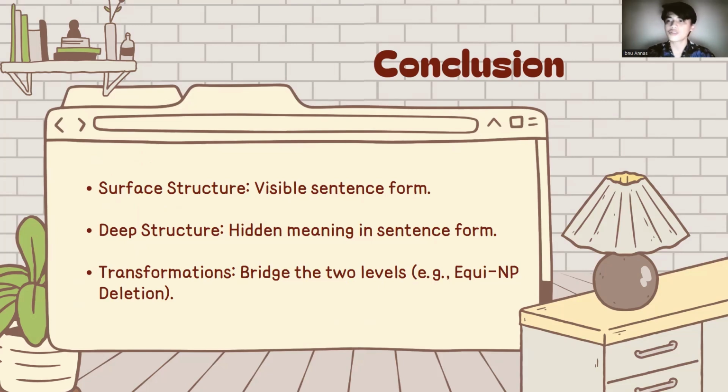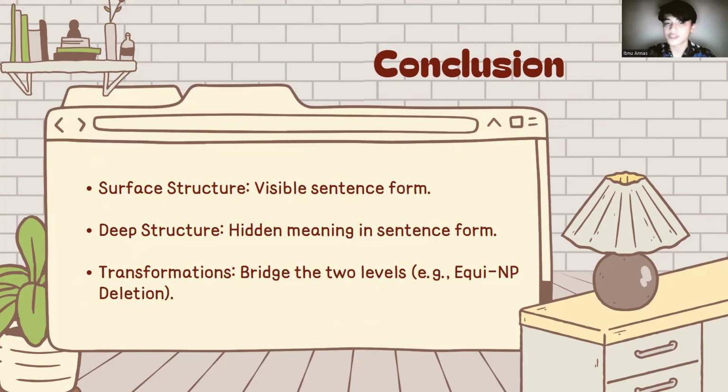So for my conclusion about this material on deep structure and surface structure: surface structure is the visible sentence form. What I'm trying to say is that surface structure is what we say and what we see or write. But the deep structure is the hidden meaning in a sentence formation, what we mean before we change the sentence.